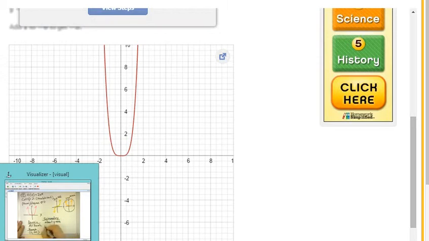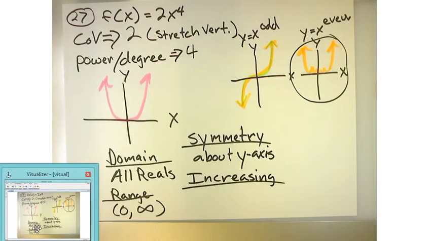When is our function increasing? Think in terms of x. From what point to what point is it increasing? Technically, I should draw the arrow this way.